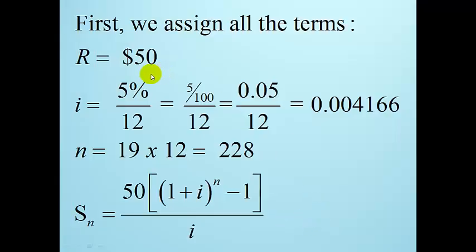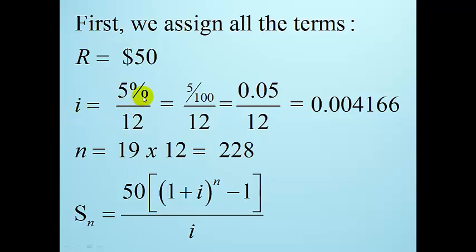Now let's look at how best we can solve this problem. First, we assign all the terms. R is the amount saved, the amount that you are saving. So R equals $50. i is the interest rate divided by the number of months in a year, that is 12.